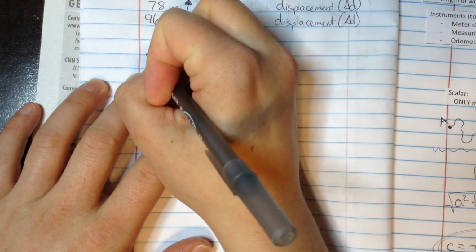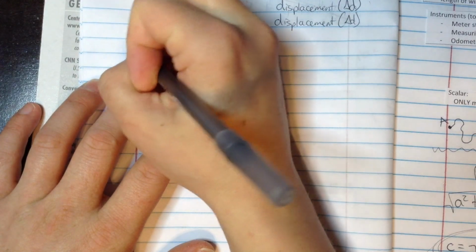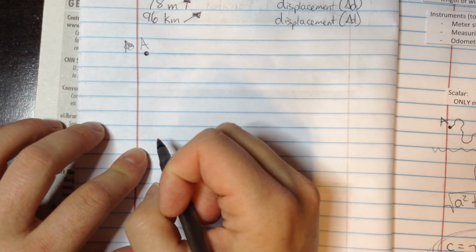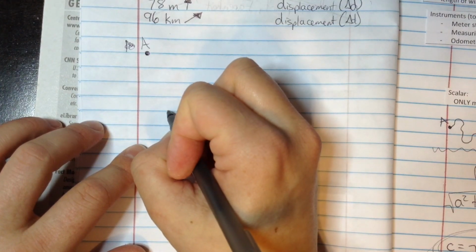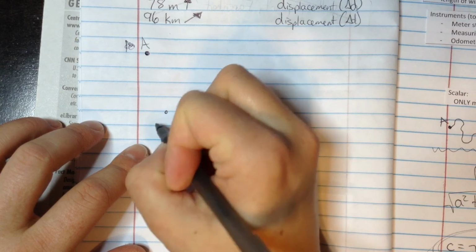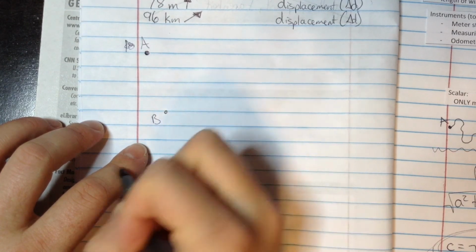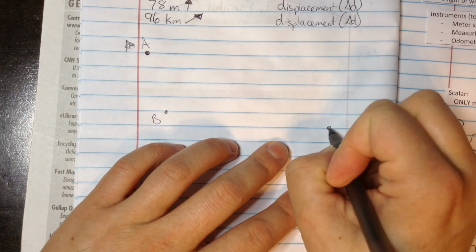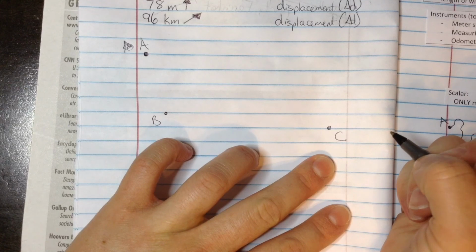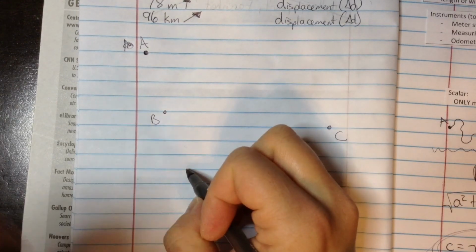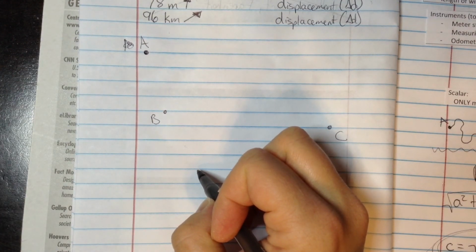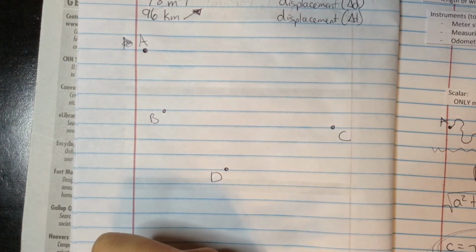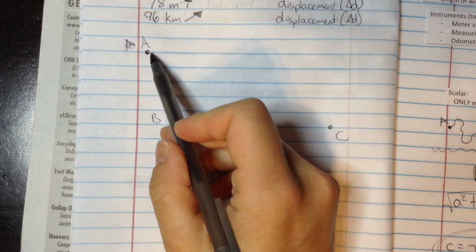Draw a dot over here to the left side, label it A. Go down a few lines, draw a dot, label it B. Go over to the other side of the page, down a line, draw a dot, label it C. Go down a few more lines, middle of the page, draw a dot, label it D. Go back up to where A is.